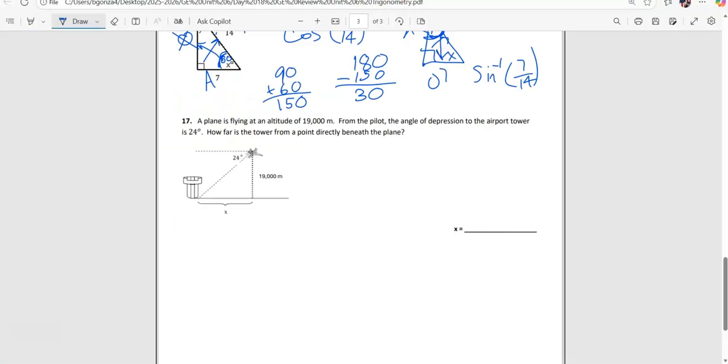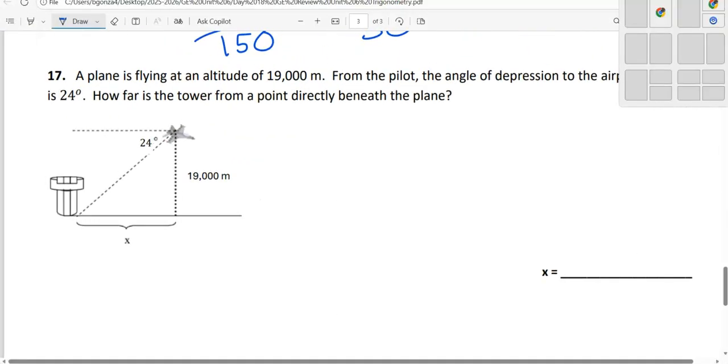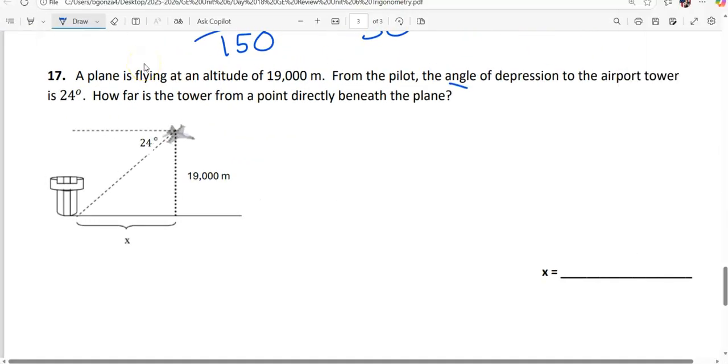Last but not least, and this is the trickiest one. Okay, it says that the angle of depression is 24 degrees. And man, it is not inside the triangle. It's outside the triangle. Okay. So you need this angle right here. And the only way to get that angle is to find the complement of 24.